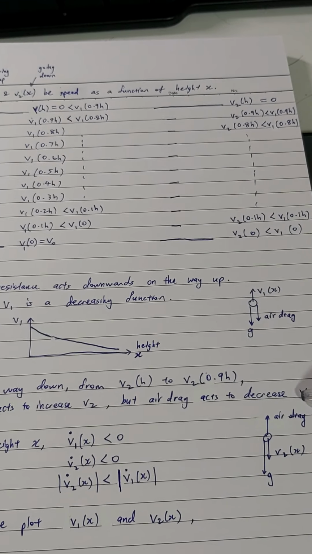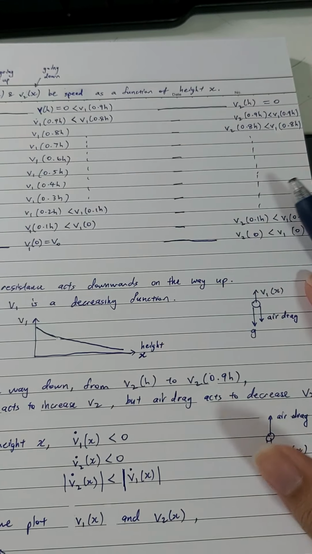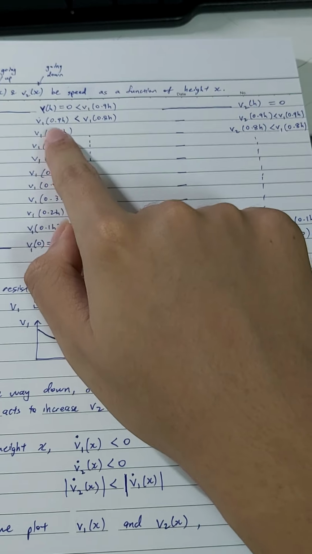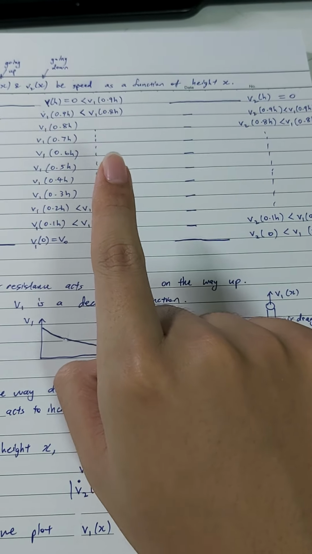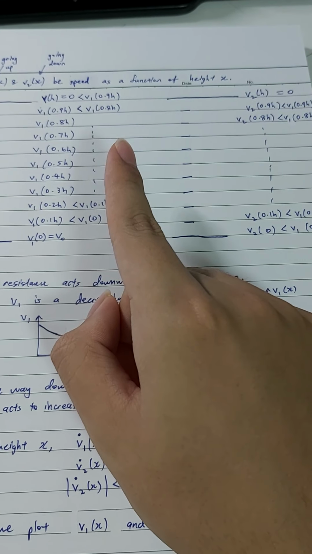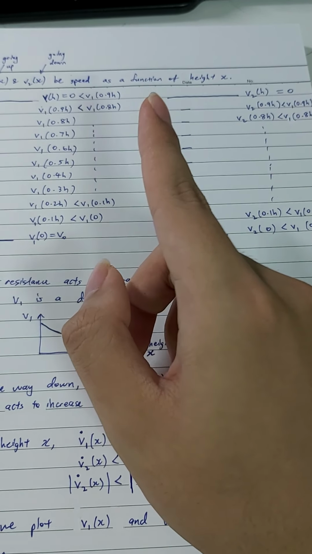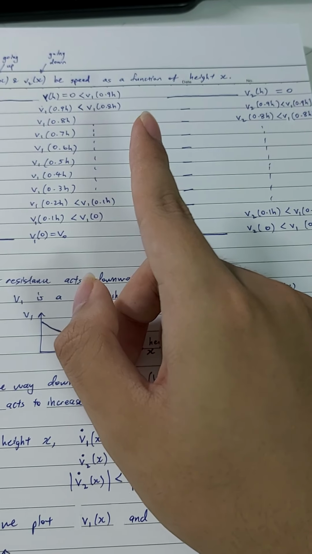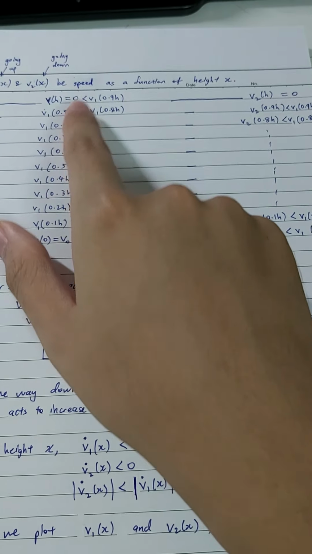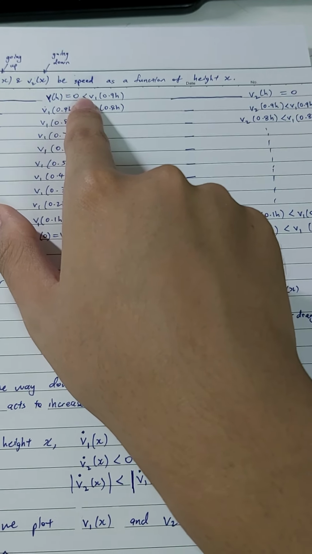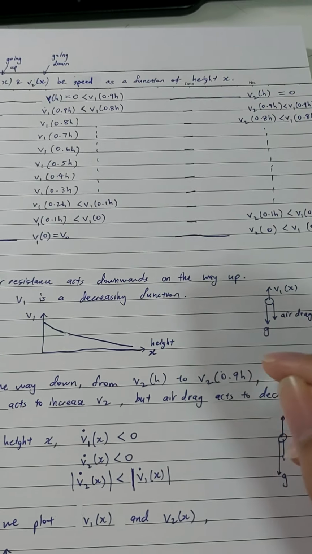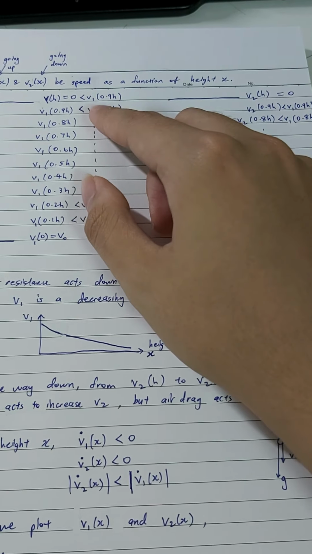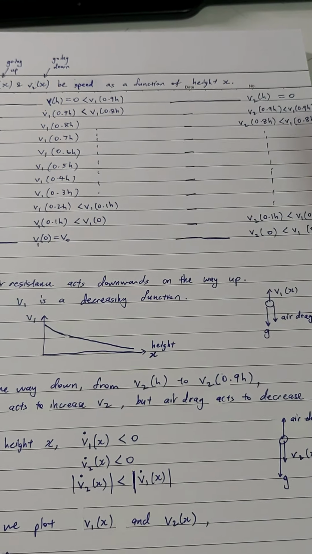This means that, logically speaking, if I have a ball currently at 0.9h moving up at, let's say, 1 meter per second, then gravity and air resistance act to decrease that 1 meter per second to 0 meters per second. You require both gravity and air drag to work hand in hand to decrease the velocity by 1 meter per second.